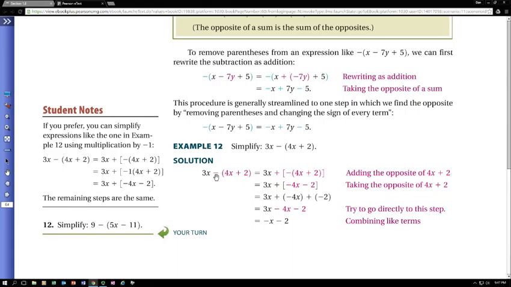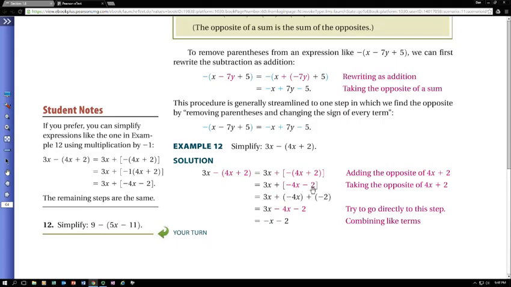Or add the opposite of, or add the additive inverse of, or add the negative 1 times this, right? Well, that's what they do. They say we're going to go plus the negative of that. That's changing it to an addition.